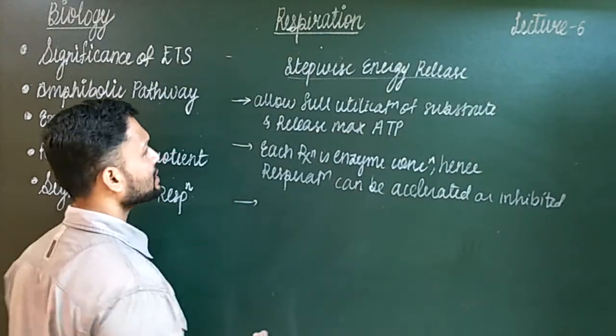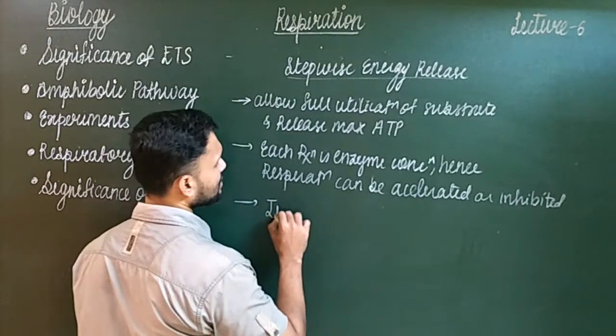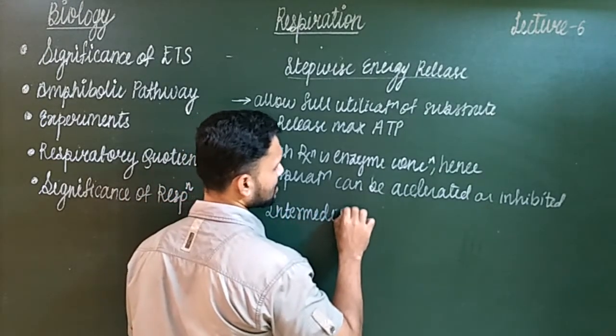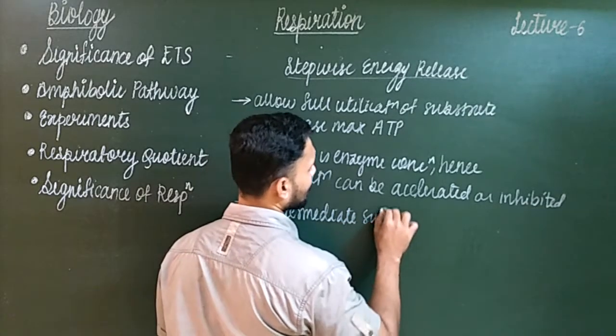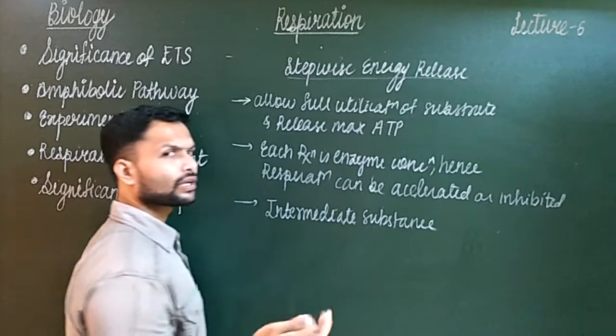And last but not the least, another advantage is the amphibolic pathway. Intermediate substances that are formed can be a part of two different cycles or two different chemical reactions.